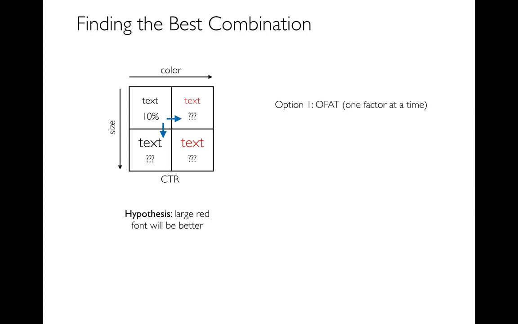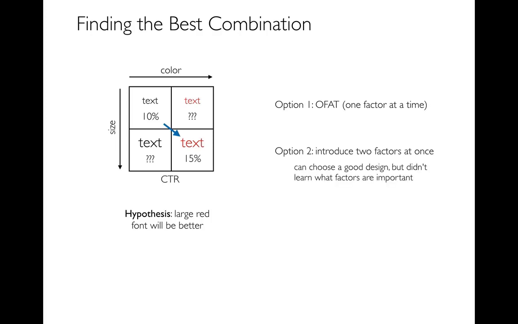In the top left I started off, so this is version A, with small black text, and there was a 10% click-through rate on that, and I can change the color and or the size, right? So one thing I could do is run two A/B tests, one where I'm changing the color only and one where I'm changing the size only. It's called one factor at a time, or OFAT. The other option is that I could introduce two factors at a time. I could go straight from small black text to large red text and then see what happens.